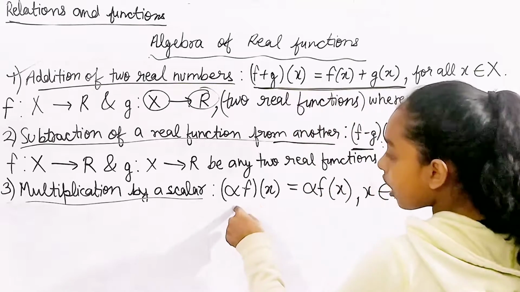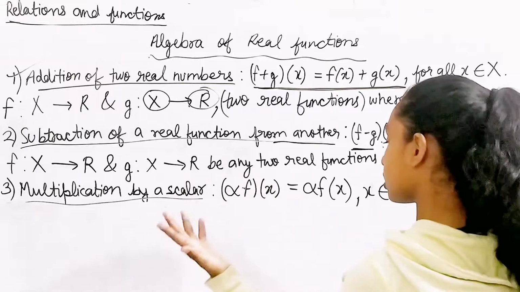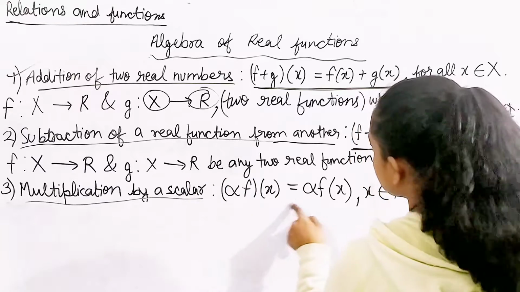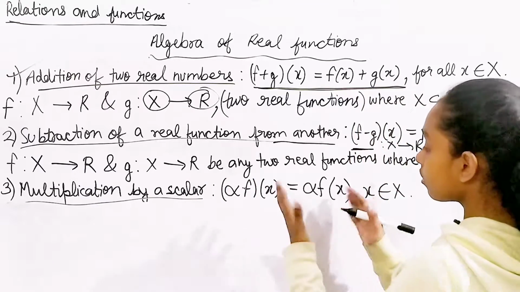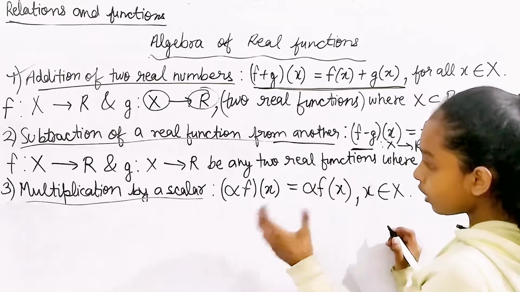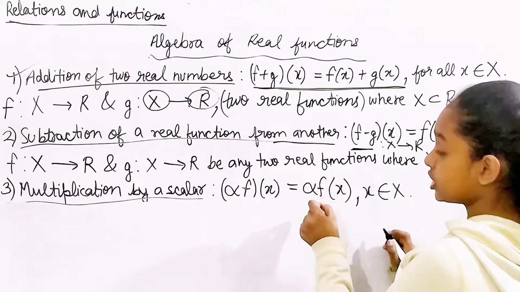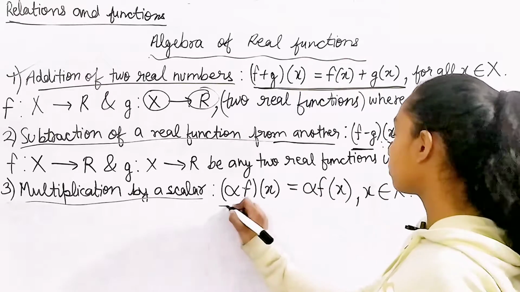So alpha times function f of x, I'm going to say alpha f x is equal to their multiplication. We're going to do their multiplication together. So this is the formula we're having.